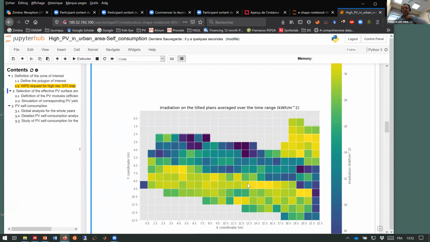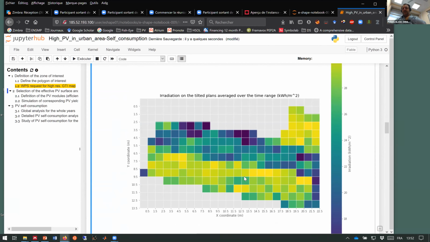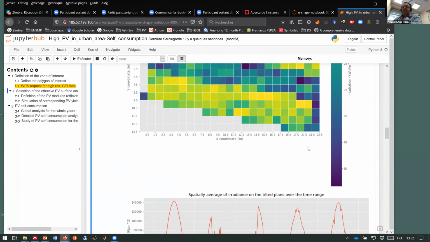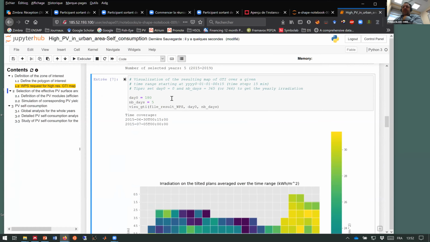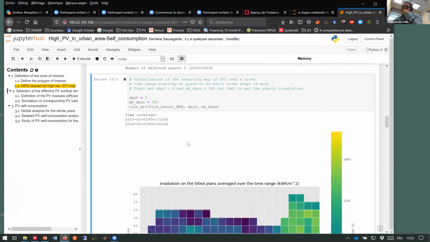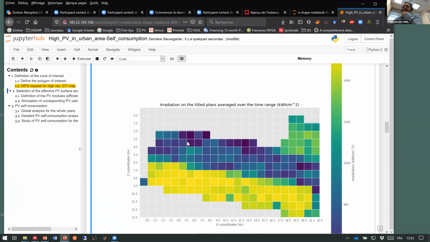In summertime, we have something like this as an image, but we have also something different in terms of time average over the space. Okay, so now I can look at this same information, but for 1 year of data. So these are the results for 1 year of data.